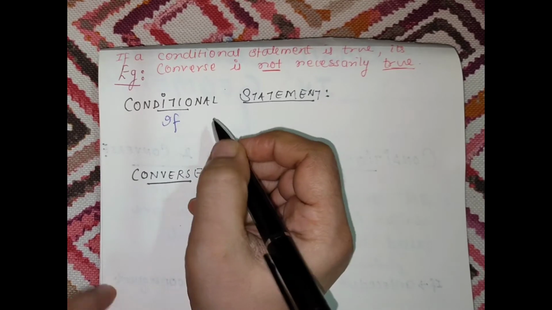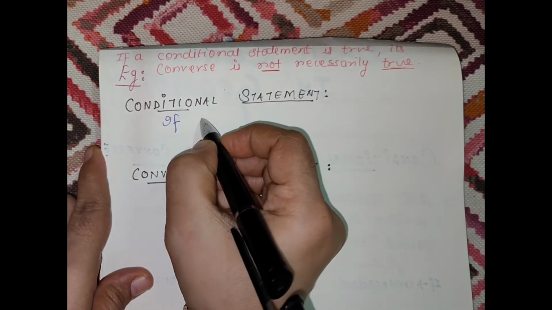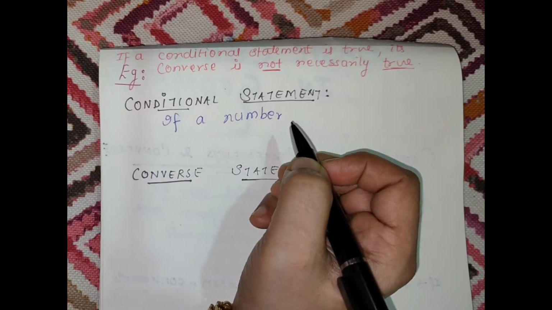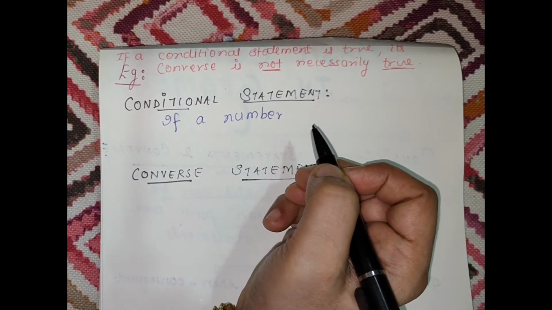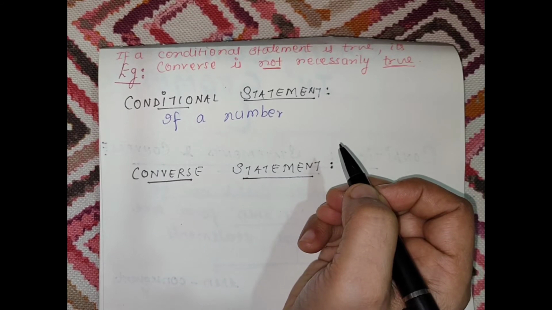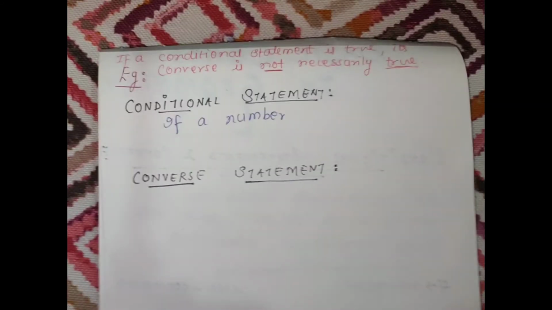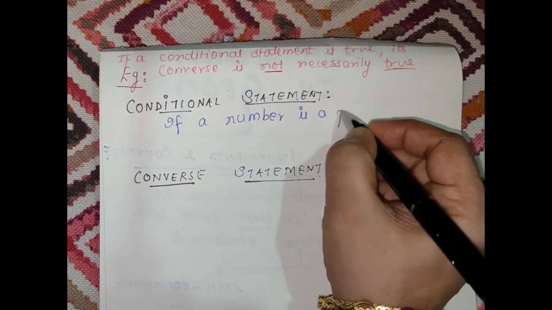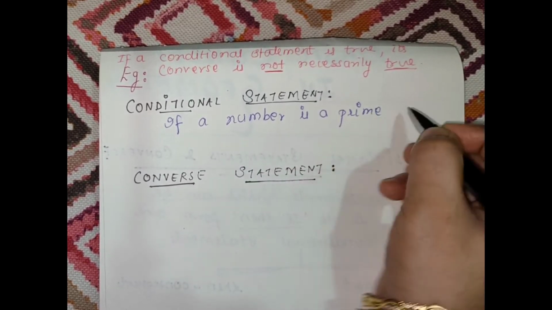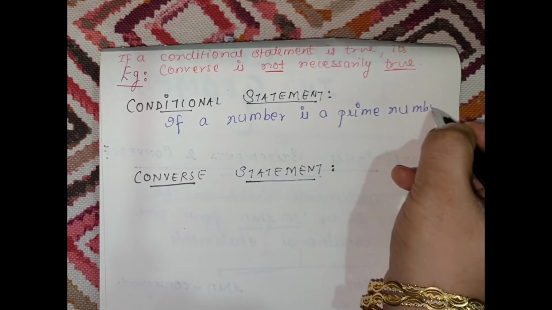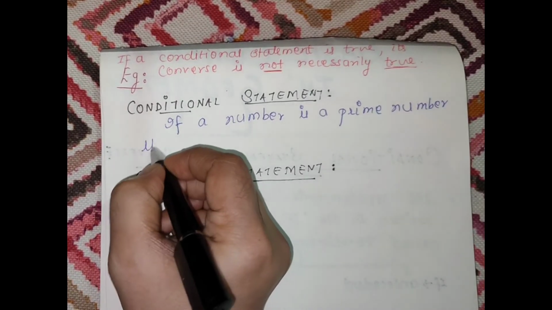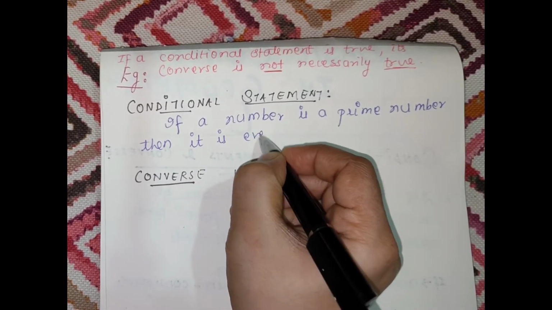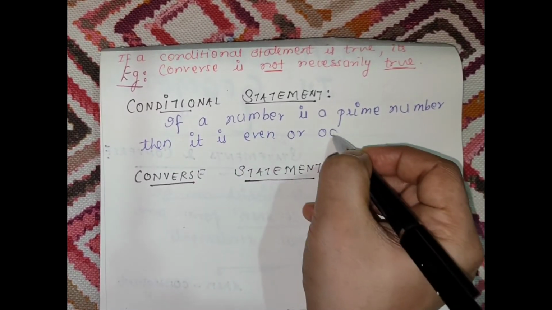The other example is: if a number is a prime number, then it is even or odd.